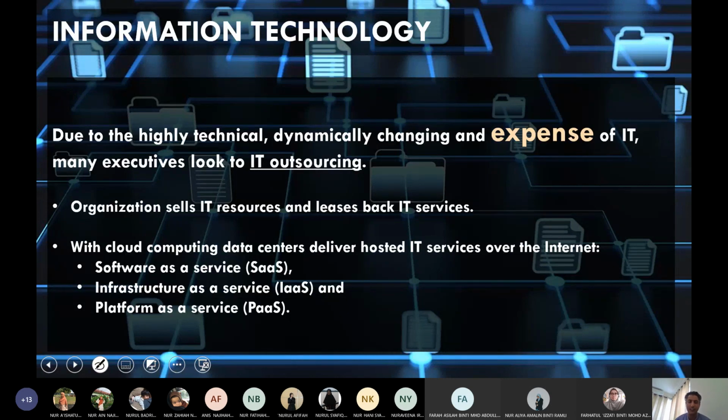Infrastructure as a service is physical infrastructure rented or sold as a service to the company. Normally, it is renting, let's say, laptops, modems, printers, photostat machines.